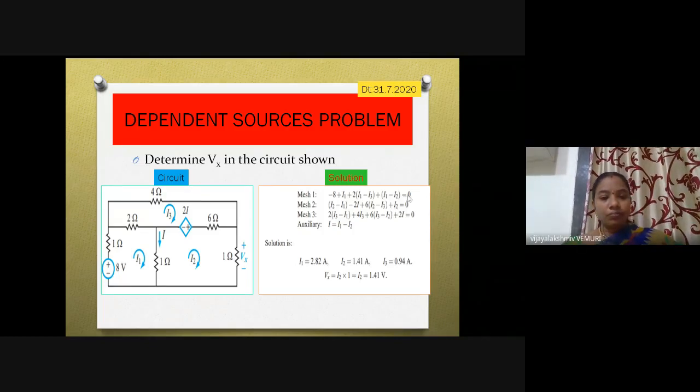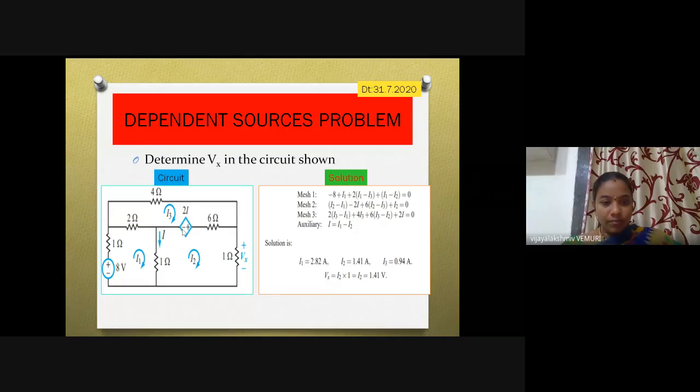This is our equation. Next, coming to the second mesh, if you just observe this mesh, what will be the sign conventions for this 6 ohms resistor? Plus, minus, plus, minus, plus, minus, like this. If you start from here and go in this manner, I can write minus 2I.